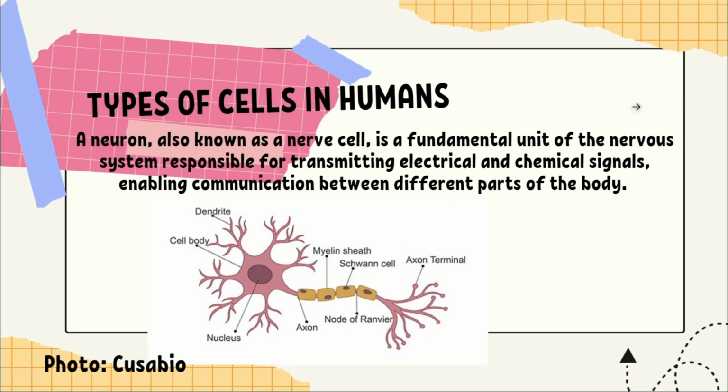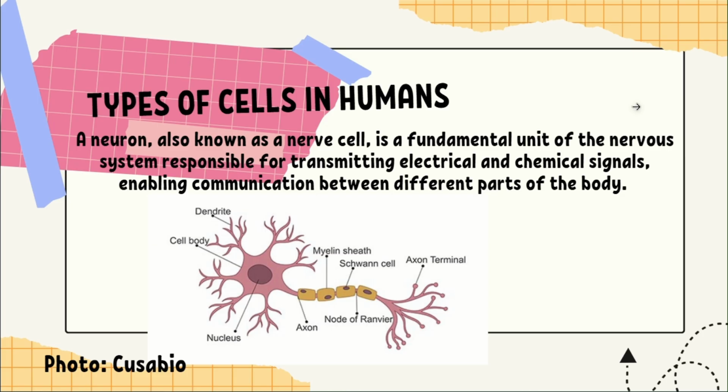If we're just going to give a brief overview of it, the dendrites receive incoming signals from other neurons, right? And then it goes in. You have the cell body.